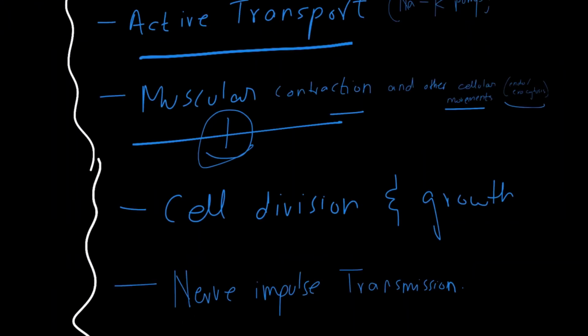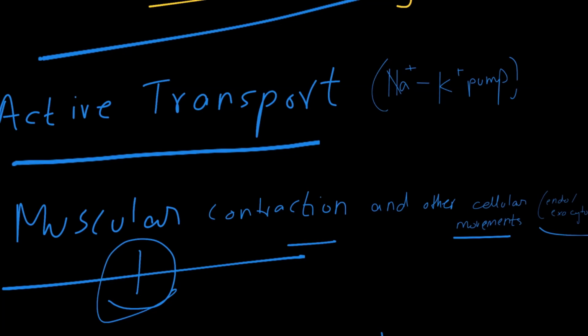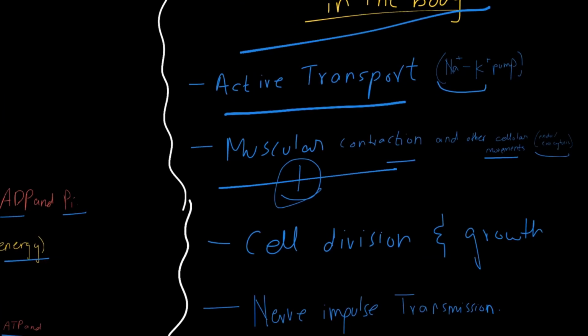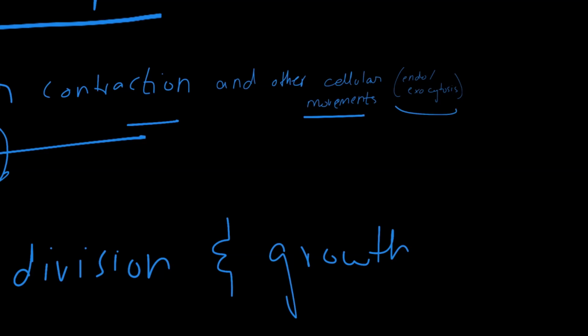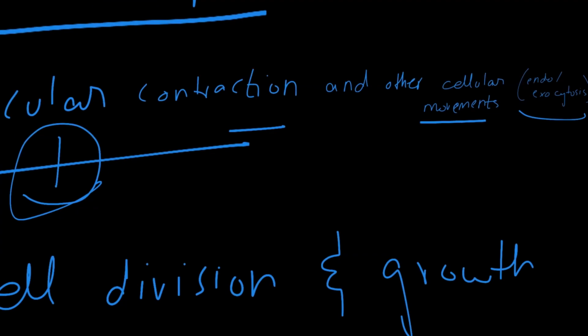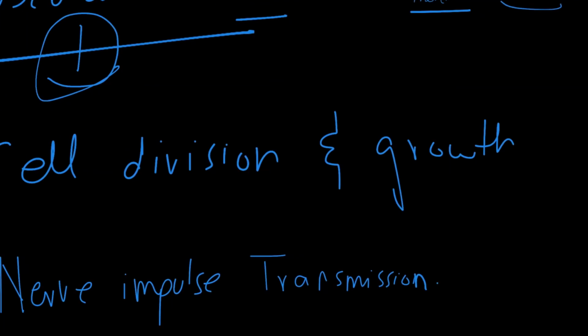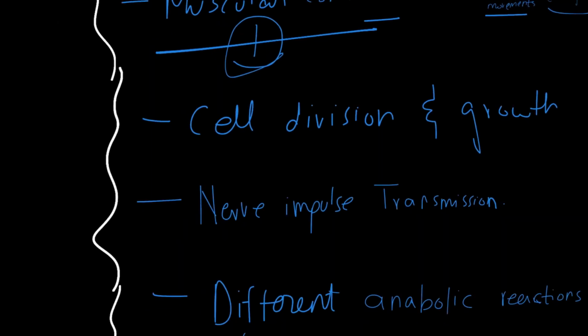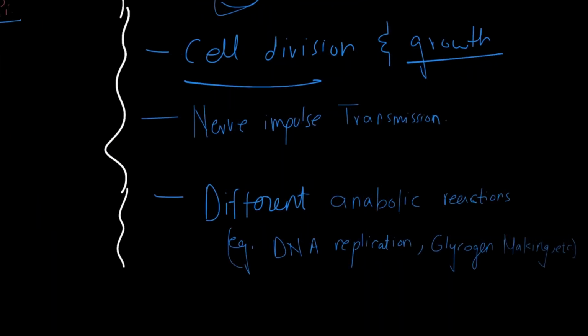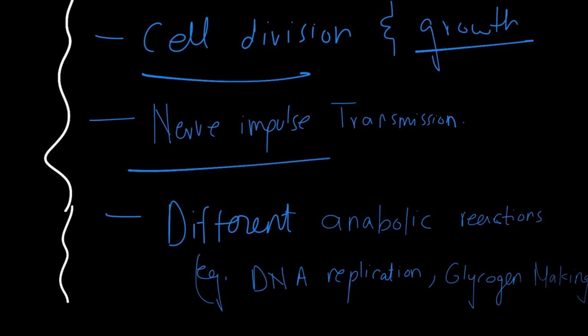If you remember from active transport in the last chapter, the cell membrane chapter, we studied the Na-K pump. That's an ideal example for where ATP can be used. We also did endo and exocytosis. That's an ideal example for where muscular contraction and cellular movements come in the usage of ATP. Then there's cell division and growth. We studied cell division as well in the gene control chapter. There's nerve impulse transmission.